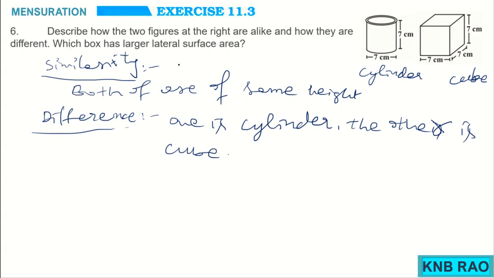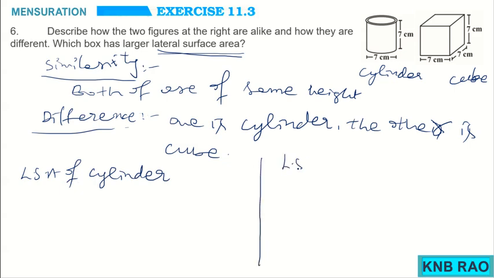Which box has larger lateral surface area? That means we have to find LSA of the cylinder, which we normally call CSA, and we even have to find LSA of the cube. It is easy to find LSA of a cube with the formula 4 times L square.